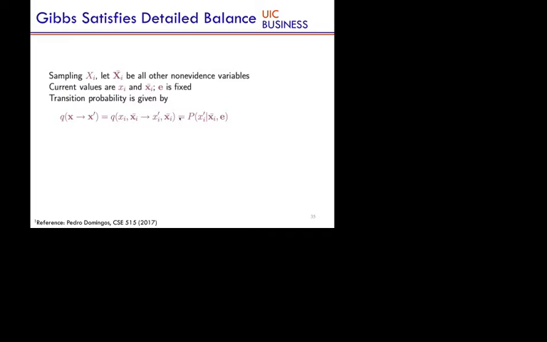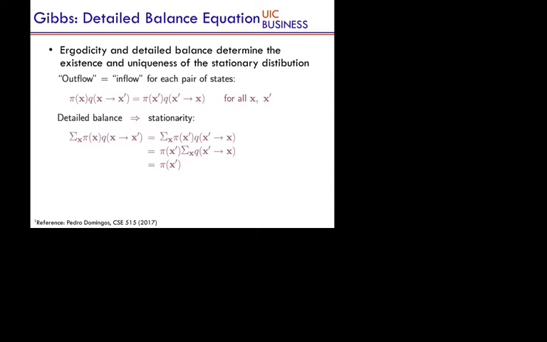Then p of x given e, or p of x, is the stationary distribution of this Markov chain. The detailed balance equation, if you remember from the previous slide, is for all x and x prime. The summation was to show that detailed balance implies stationarity. So this is the detailed balance equation.